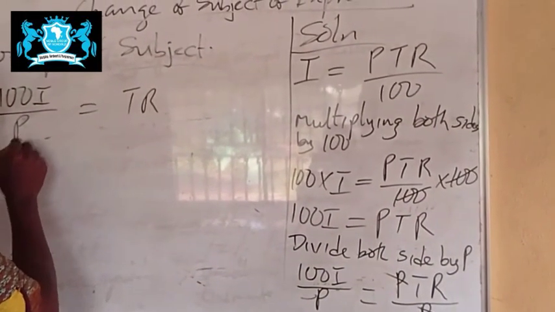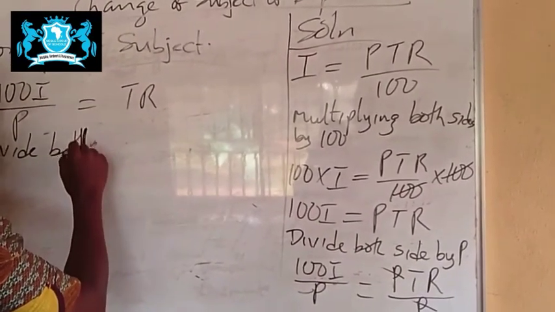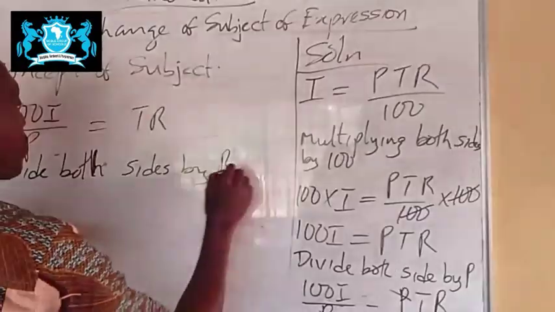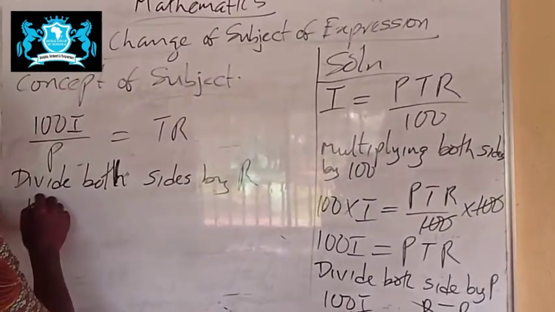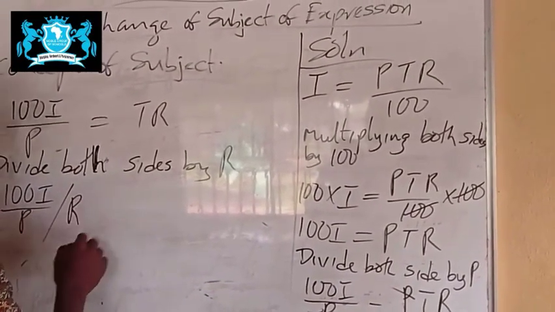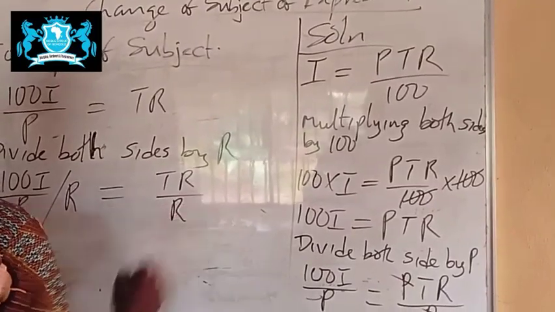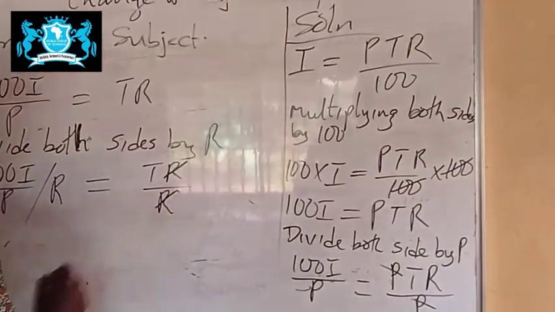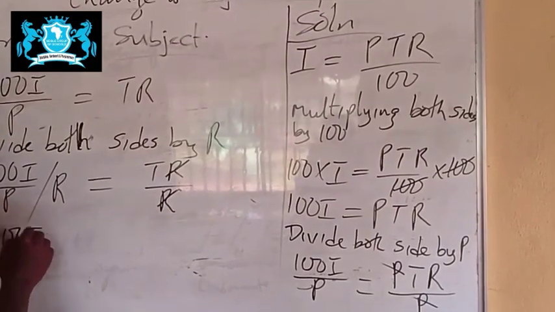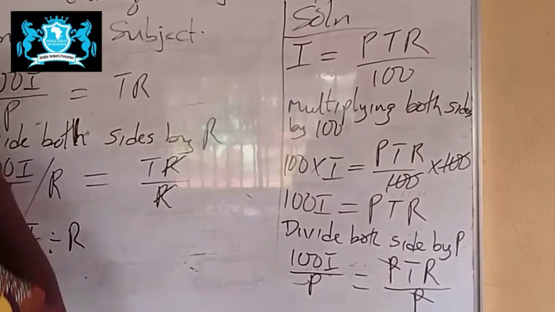I say divide both sides by R. I will have 100I over P divided by R is equal to TR over R. R goes with R. Here on the left-hand side, we need to resolve it for clarity's sake. 100I over P divided by R equal to T.